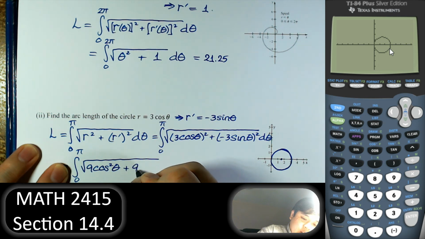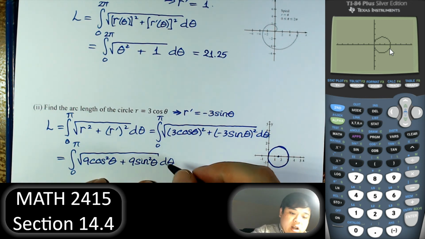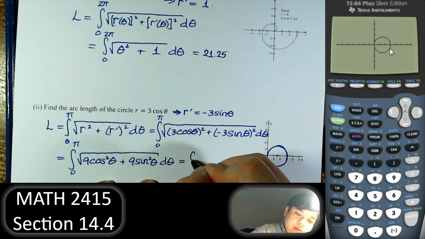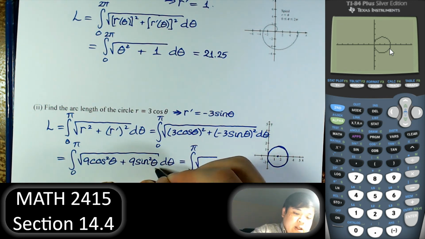Negative 3 squared is 9 sine squared. Cosine squared plus sine squared is 1, so we just have 9.